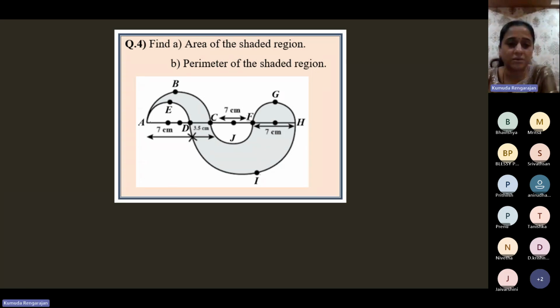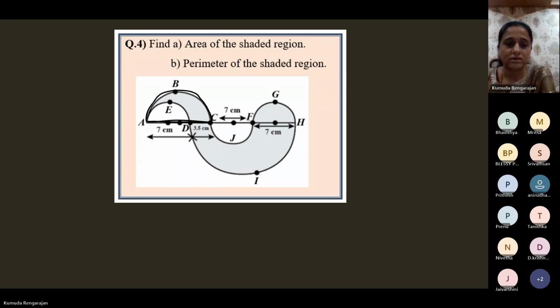I repeat, see here, this is a semicircle with diameter AC, 10.5. The radius will be 10.5 by 2, so we'll have to substitute the radius correctly.